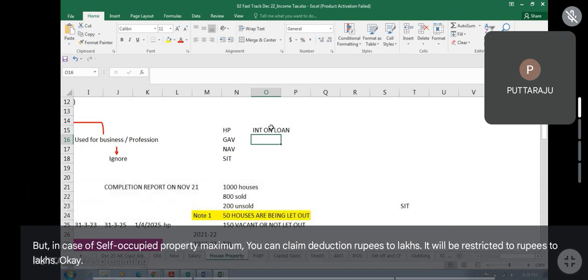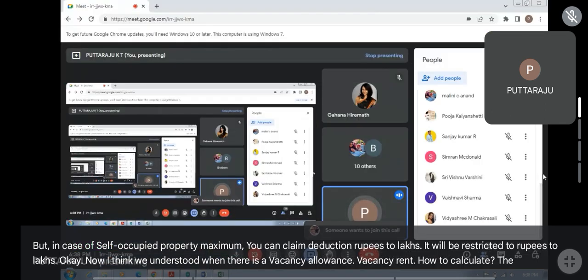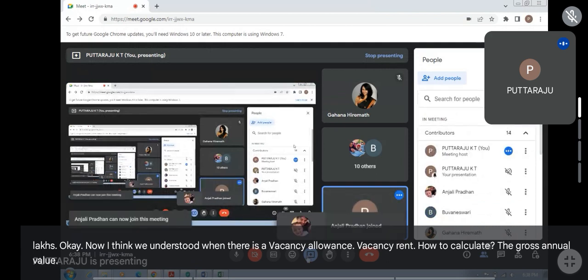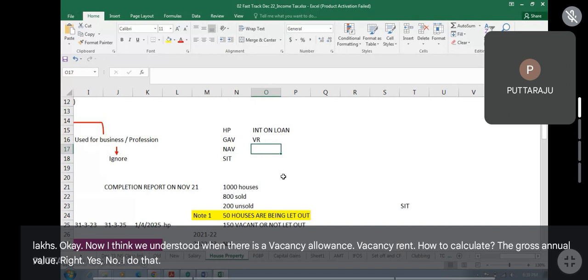Okay. Now, I think we understood how to calculate the gross annual value when there is a vacancy allowance, vacancy rent. Right? Now, assume that during the year you have let out for 12 months.